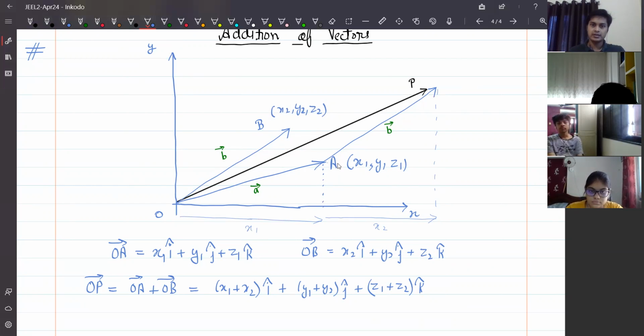And for this triangle, this length is y1 and this length is y2. So we are just adding up x1 plus x2 i cap, y1 plus y2 j cap, and likewise there will be z1 plus z2 k cap. Okay, so this is how we add 2 vectors.